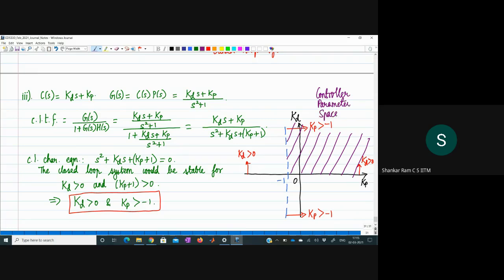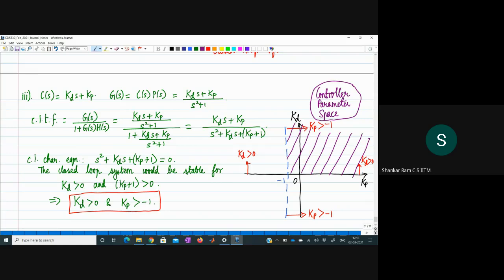So the controller parameter space is this region. It is the region shaded in purple, which ensures that the closed loop system is stable using a PD control.